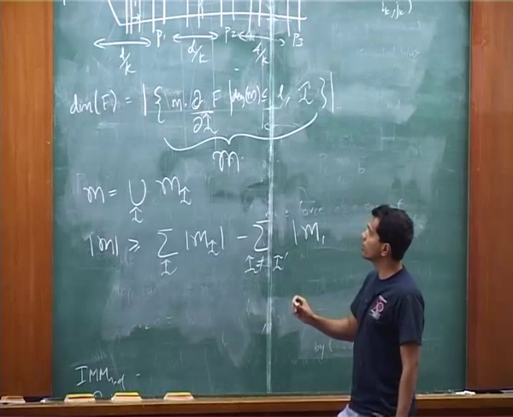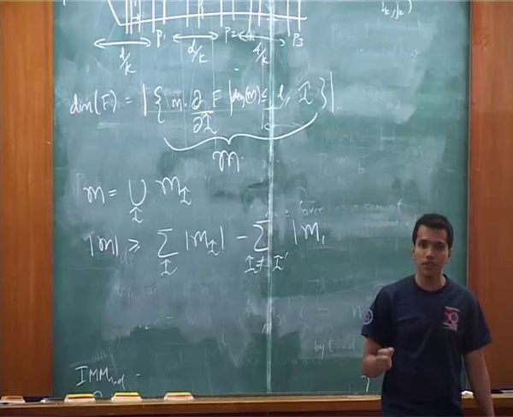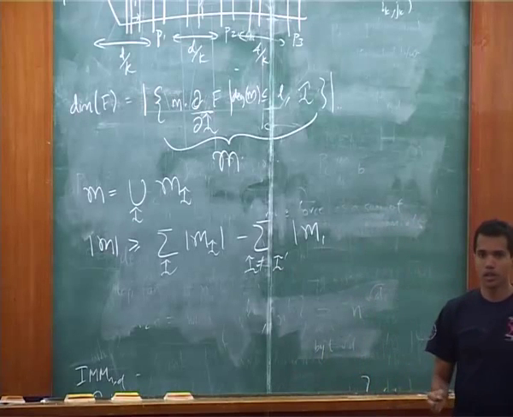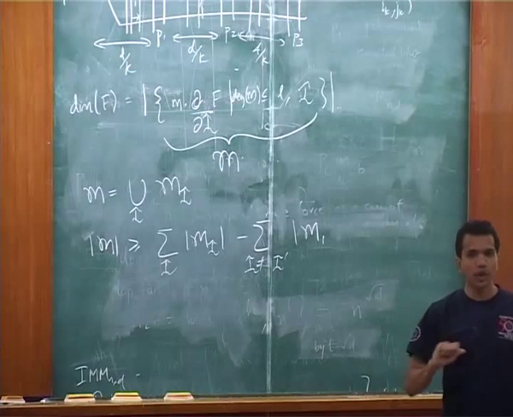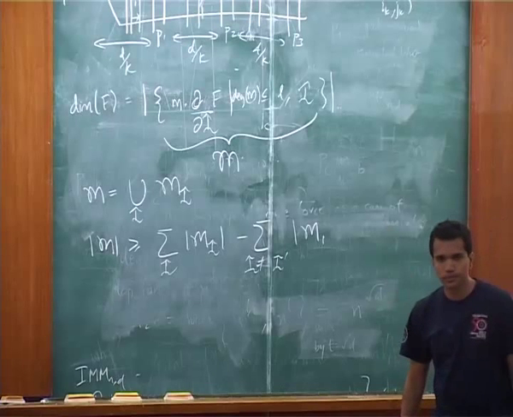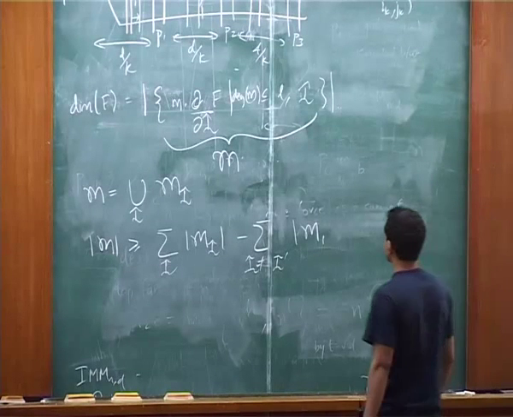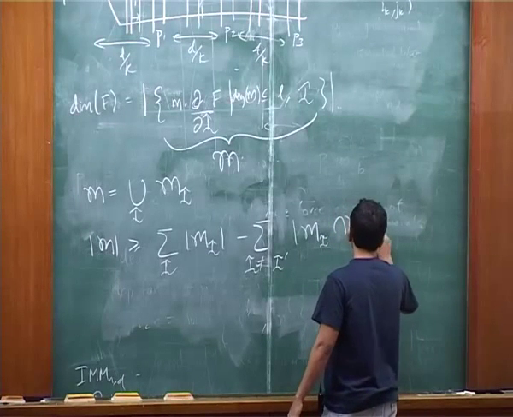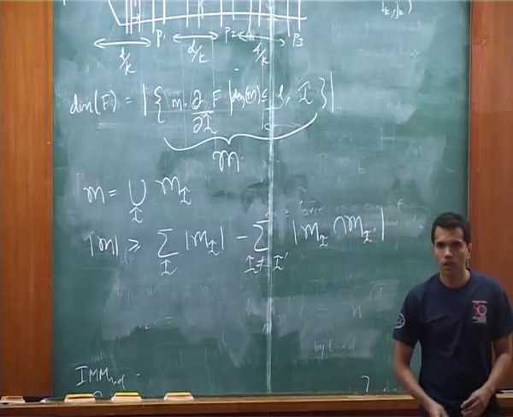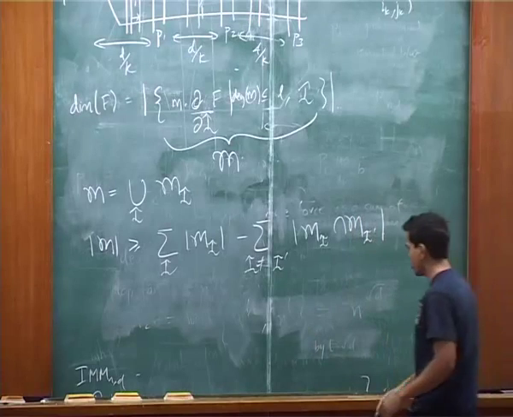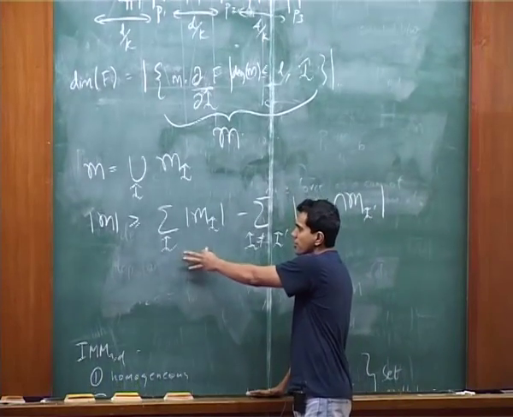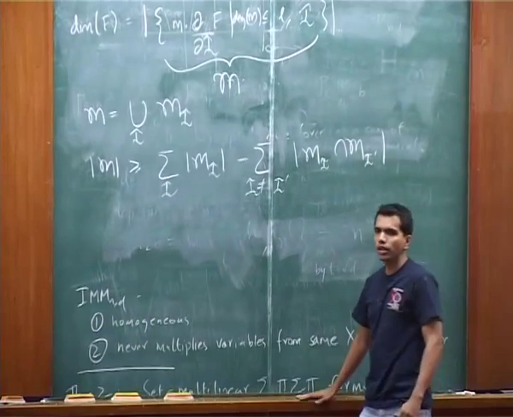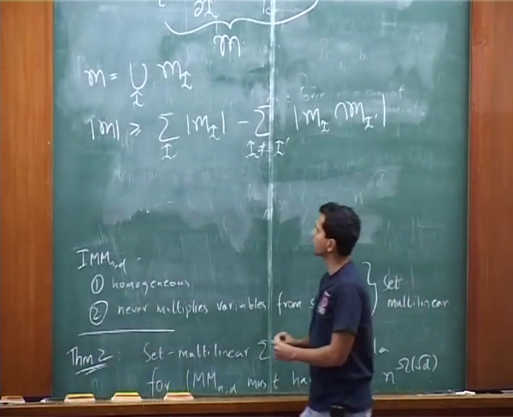It's the set of monomials I get by shifting just the derivative with respect to I. I fix an I and then I just vary over little m. The advantage of this expression is that the first term is trivial to evaluate.